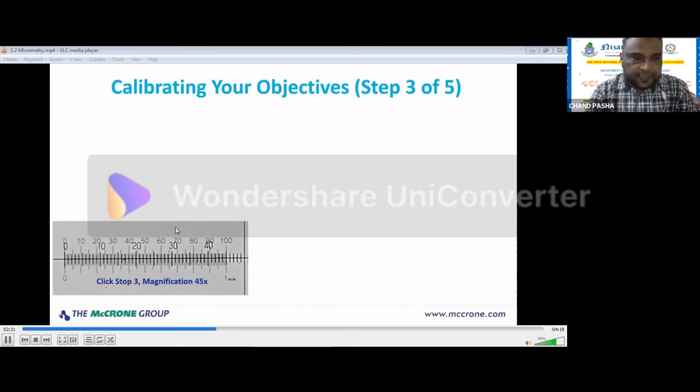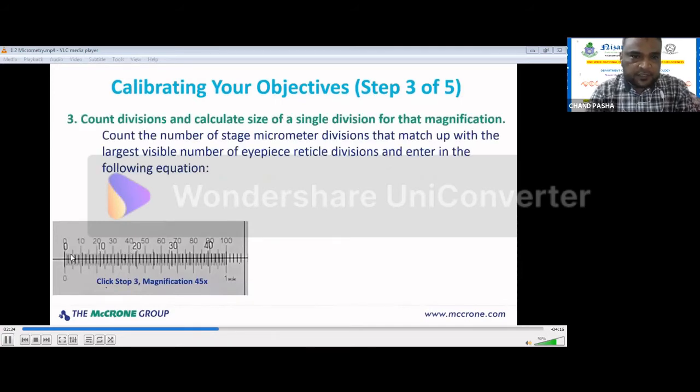Instead of taking only 10 units, as we normally do, the best method is to take all 100 divisions of your stage micrometer and count how many ocular divisions are superimposing on it.